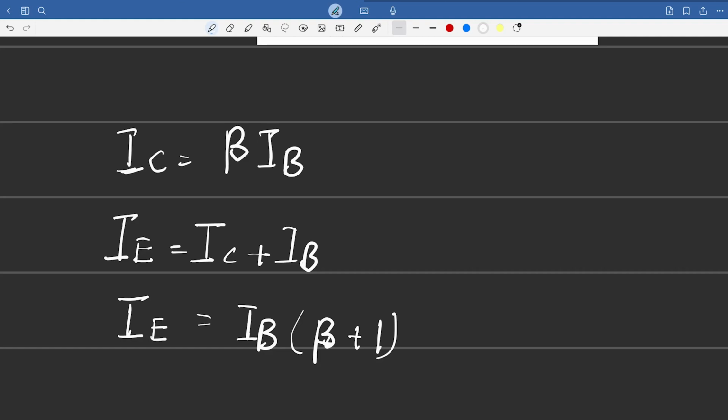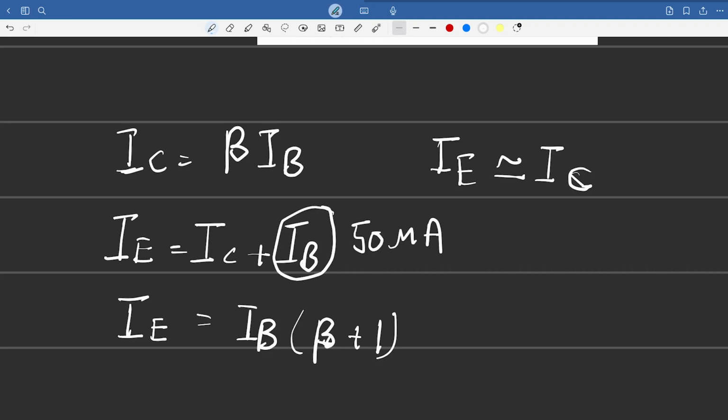Also, one more thing: IE is approximately the same as IC, because our base current is very small, like we talked about before. Let's say the base current is 100 microamps, and let's say that beta is 200.